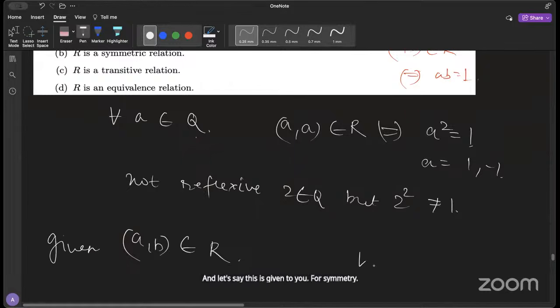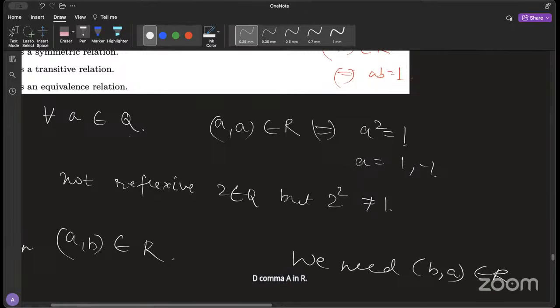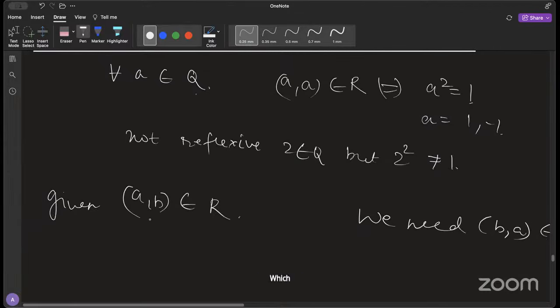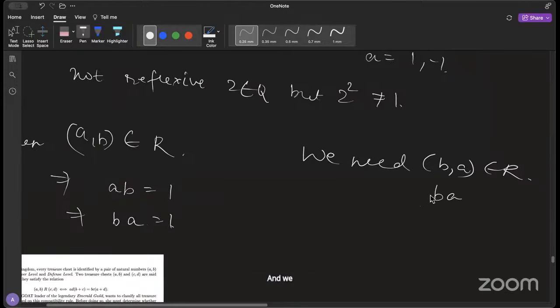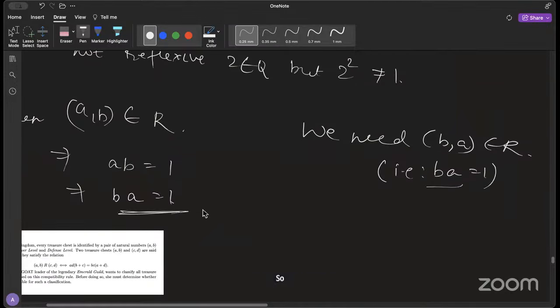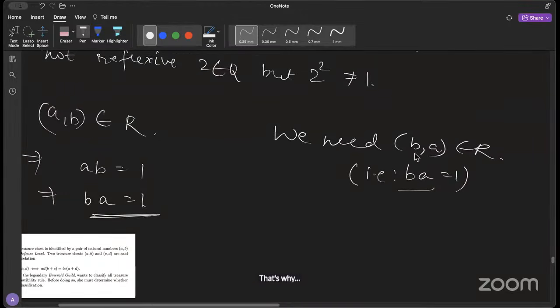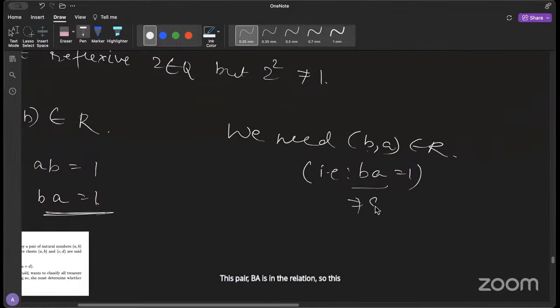For symmetry, we need (B, A) in R. The product AB is 1, which implies the product BA is 1, and we need BA to be 1, which is true. We've gotten BA equal to 1 because AB was 1. That's why the pair (B, A) is in the relation, so it's symmetric.